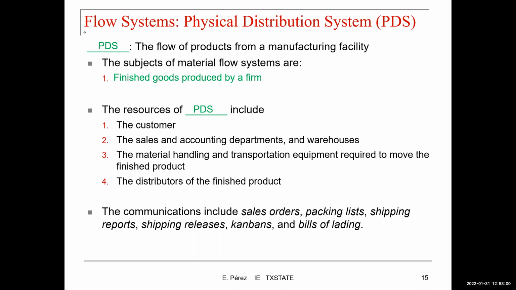Then you have to have your own trucks to move this to the customer, or you're going to be moving this from the manufacturing plant to a cross dock, in which you're going to be distributing that to different stores, for example H-E-B or Walmart. They will have mostly warehouses in which they store their product, and then from there distribute across the state.